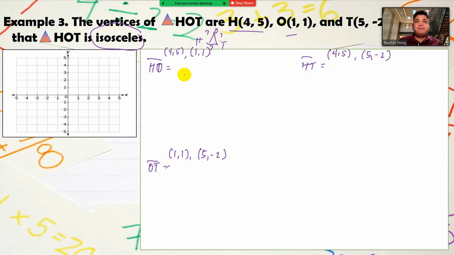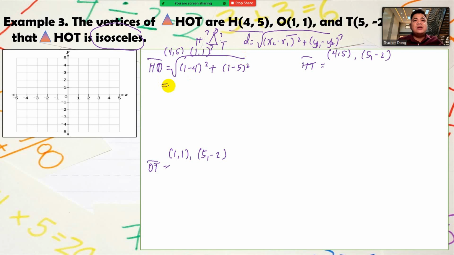The distance formula is equal to the square root of (x sub 2 minus x sub 1) squared plus (y sub 2 minus y sub 1) squared. Now, for HO: 1 minus 4 is negative 3, squared, plus 1 minus 5 is negative 4, squared.